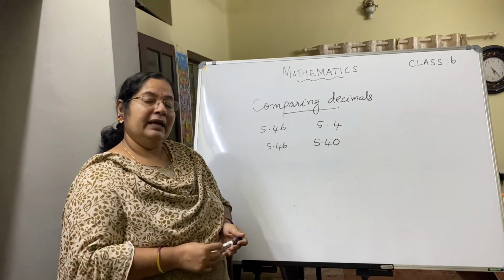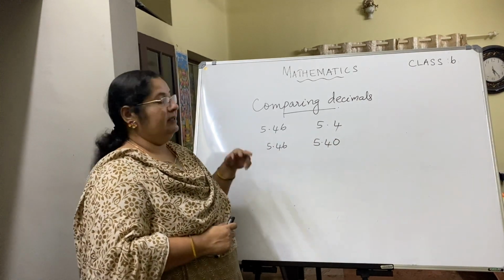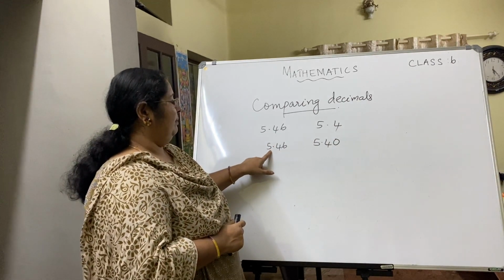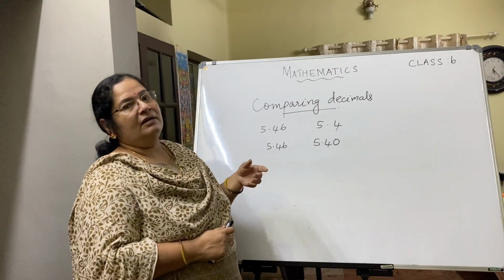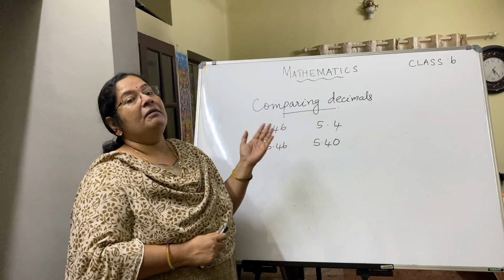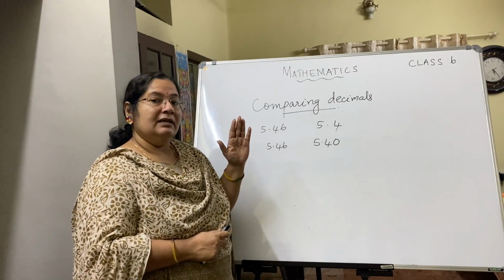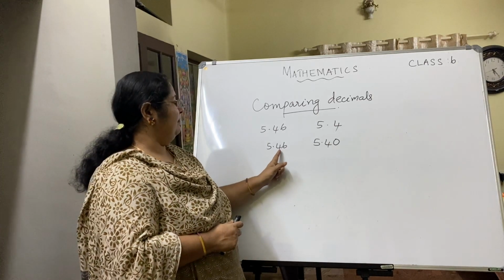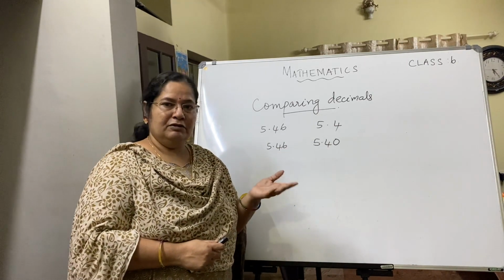Now how to compare like decimals? We have learned. First step, compare the whole number part. Here the whole number part is 5, here also it is 5. So the whole number parts are the same. So we go for the next step, compare the decimal part. Compare the 10th place. Here it is 4, here also it is 4. So there also we are not able to compare.